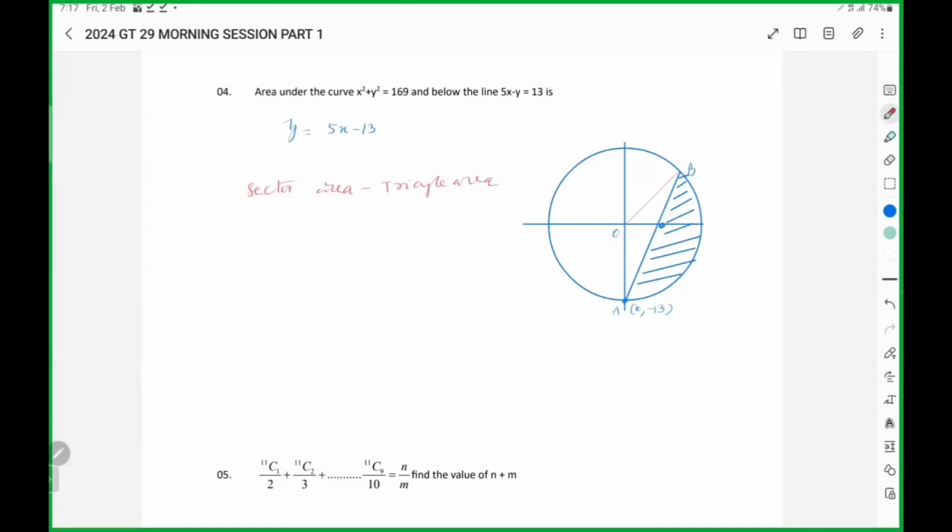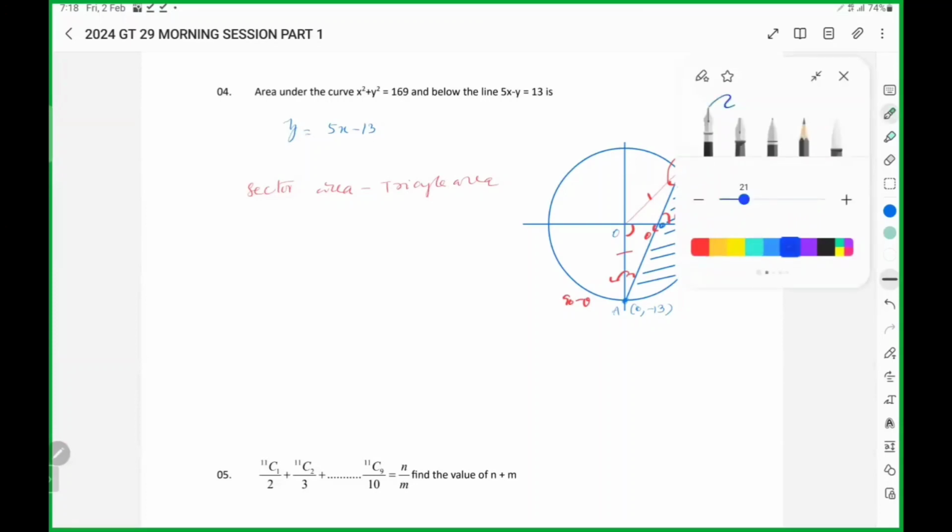So let us say this angle is theta. So the opposite angle theta, here it is 90. This is 90 minus theta. Since the radii are equal, this is also 90 minus theta.